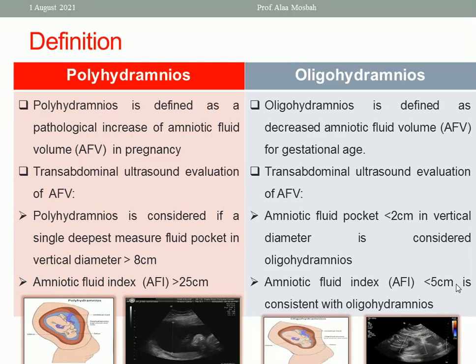If it is less than 5 centimeters, it is oligohydramnios. As you see in this picture, this is polyhydramnios by ultrasound, and this is oligohydramnios.